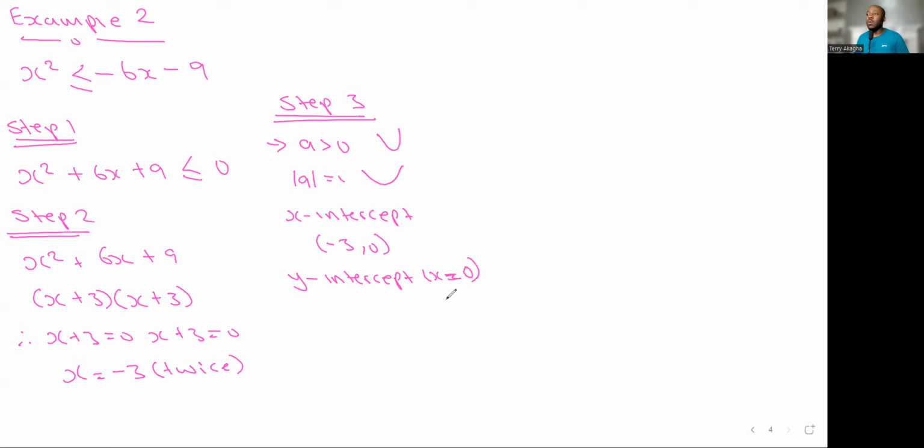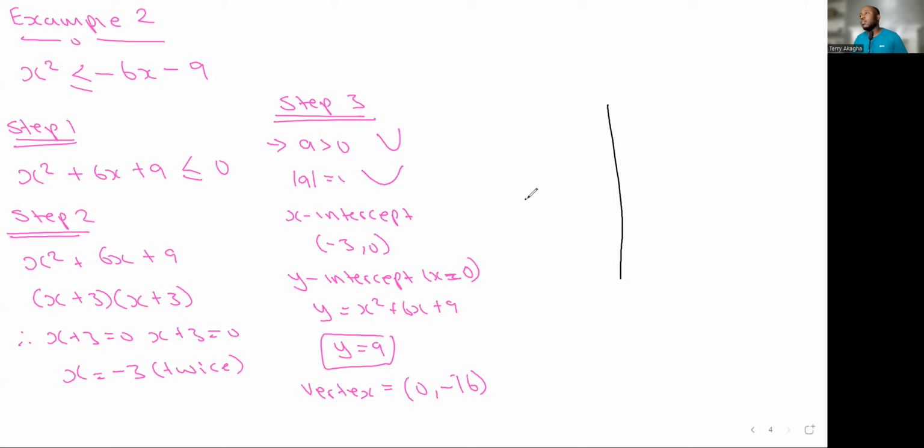So at the y-intercept, y is equal to x squared plus 6x plus 9, so all of this will be 0, and y will be equal to 9. Then when you solve for the vertex, you're going to get 0 and what? Minus 16.